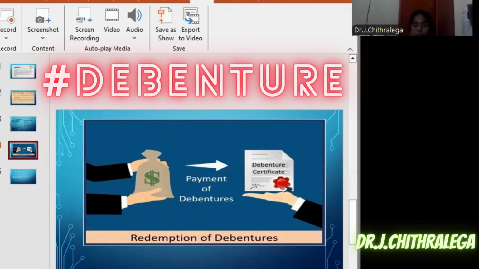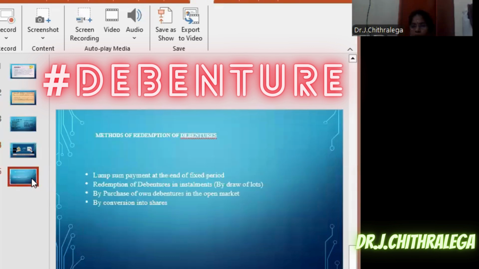Another method is redemption by draw or by lots, as you can see in this slide. Redemption of debentures by draws or by lots, that is, by installment. What is that?